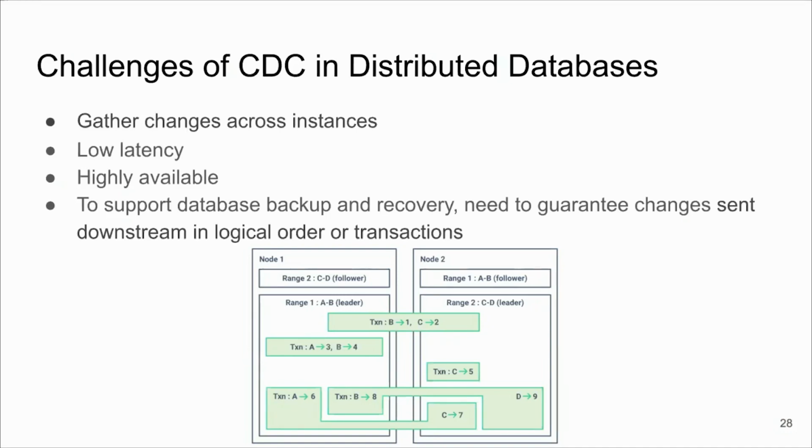But the reality is that these transactions are executed on multiple nodes, and the data lives on multiple nodes. So basically you need to generate a global order of events by merging multiple orders of events with very low latency, and this has to be highly available. It will become evident later that this is very challenging.